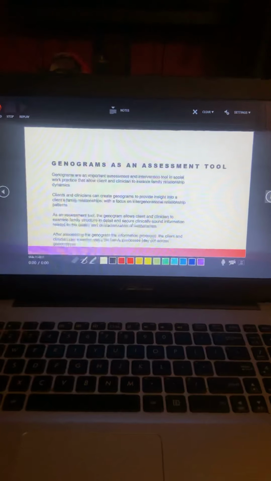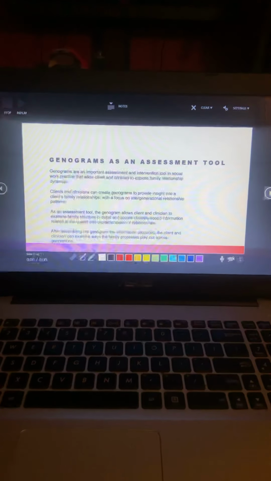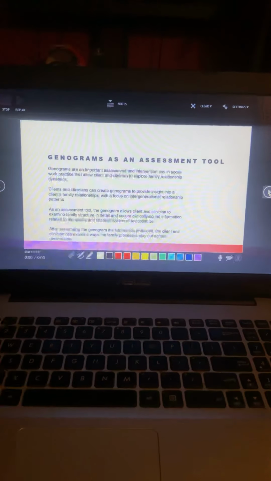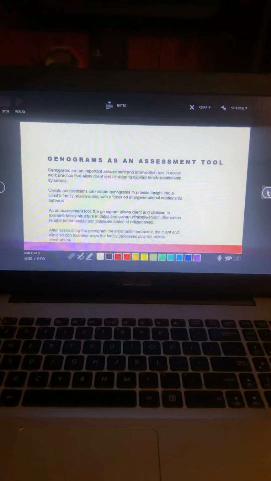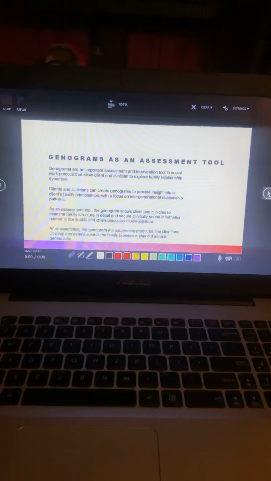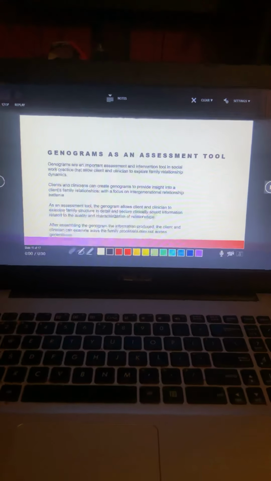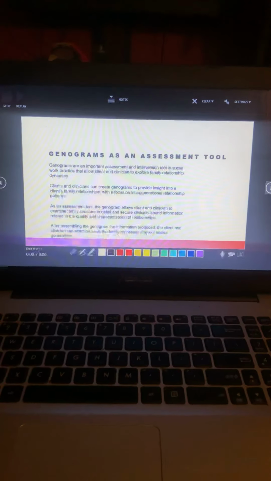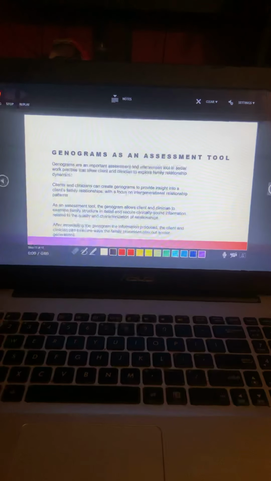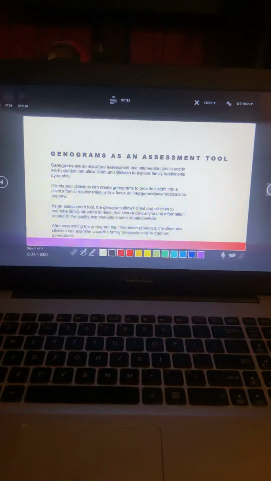Clients and clinicians can create genograms to provide insight into clients' family relationships, to focus on intergenerational relationship patterns. So just like we mentioned before, the different patterns that we have in relationships, if they're married, divorced. It is an assessment tool.